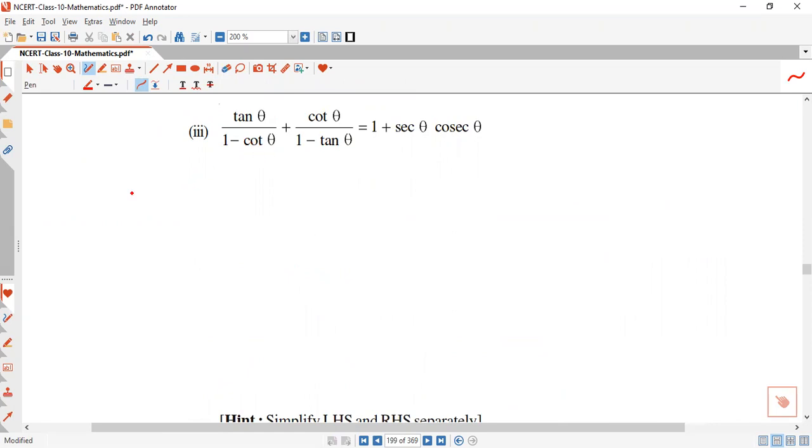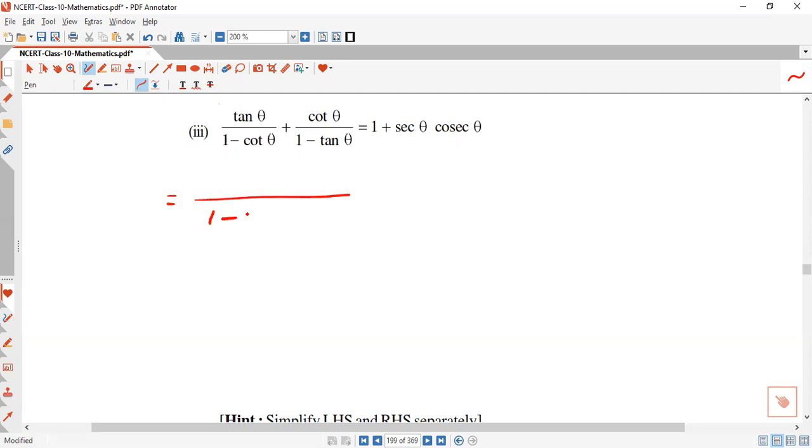Or we can do it directly. Okay, let me try it directly.